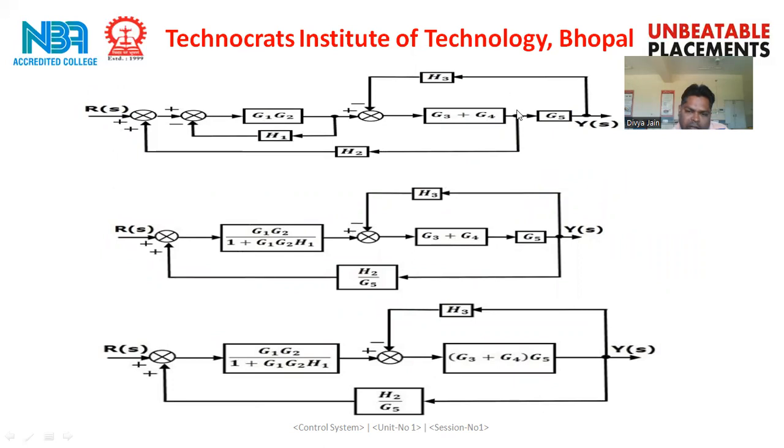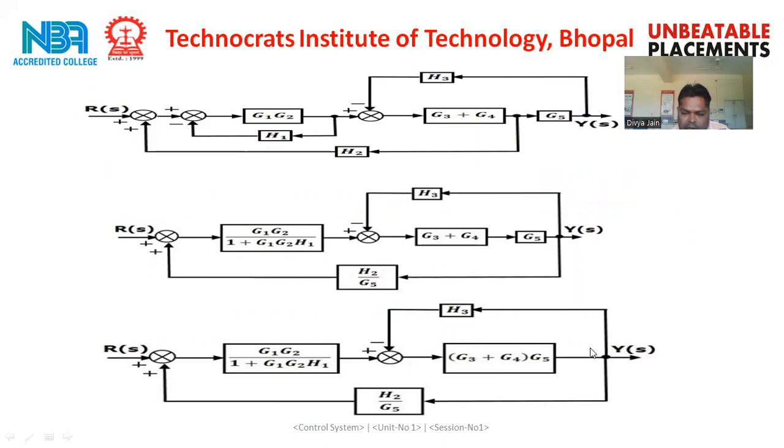Now again, this is the takeoff point. We will shift this takeoff point after the block, then G5 will be divided on the feedback path. So again, we see that G3, G4 and G5 are in series form. So we will multiply the function G3 plus G4 multiply G5.